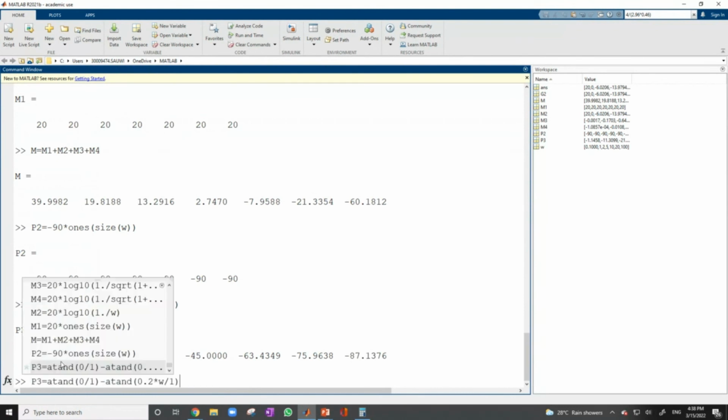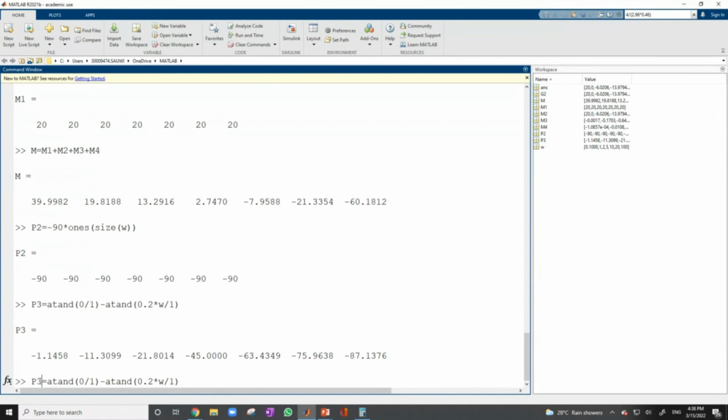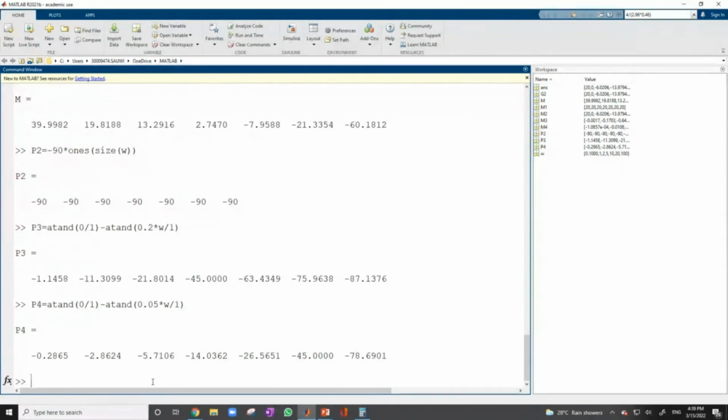And then P4 is going to be like P3, but instead of 0.2 we're going to do 0.05, and that gives us that one. So now our overall phase is going to be P2, remember there's no P1 because that's 0, plus P3 plus P4.